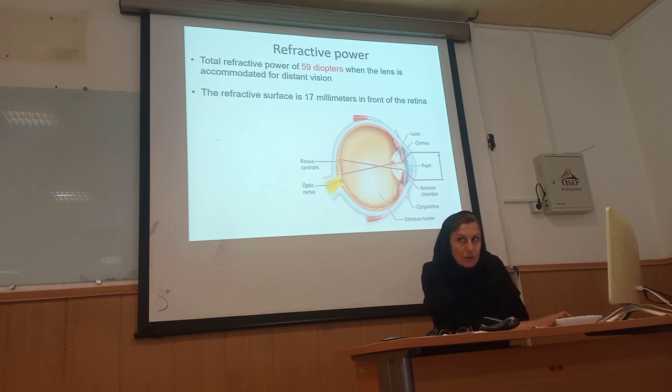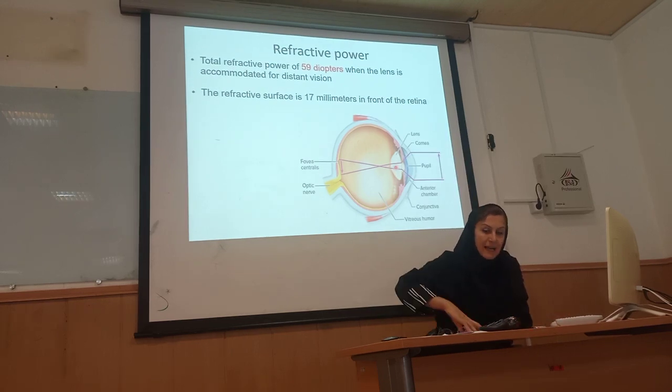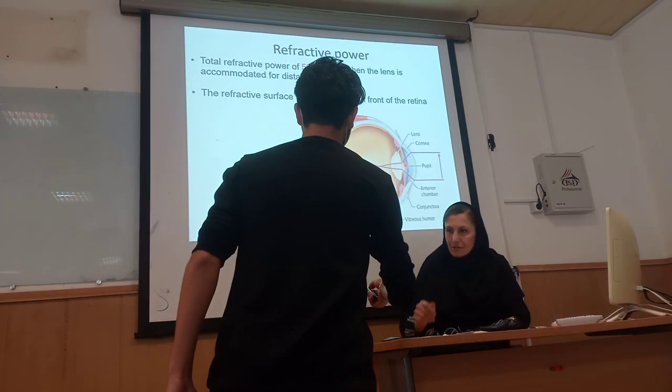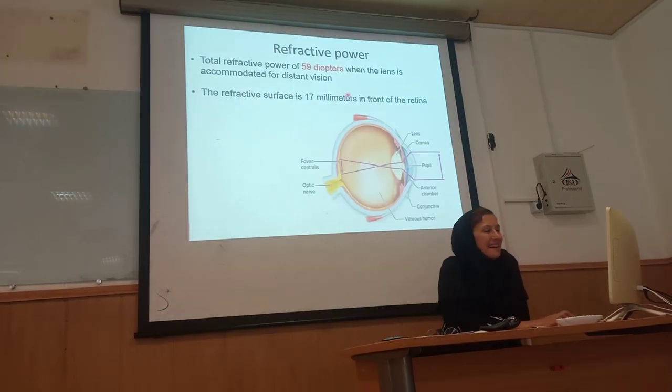That lens is also so transparent. And there is another bending here in the lens. Finally, all of the structures in the front of the eye determine the refractive power, how they can bend the light rays to focus on the retina.